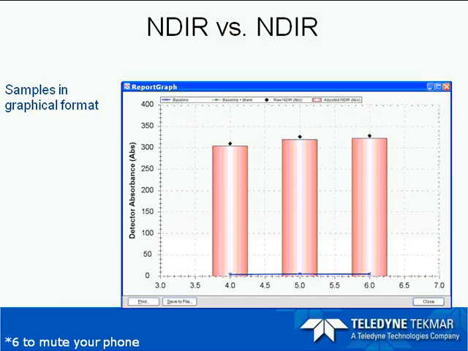Then at the bottom, you have the baseline and the blank values. So the absolute value is detected by the detector. Then within the software of the system, it automatically subtracts the background, which is your baseline and your blank, from that raw data.